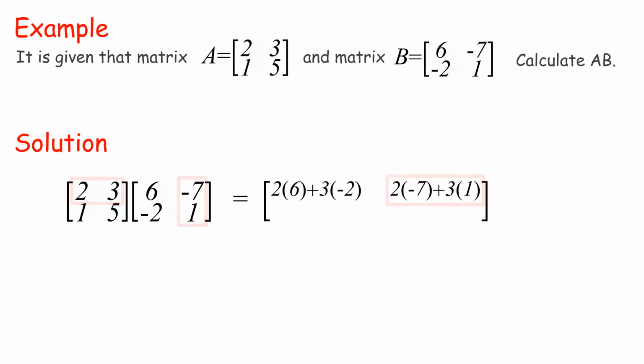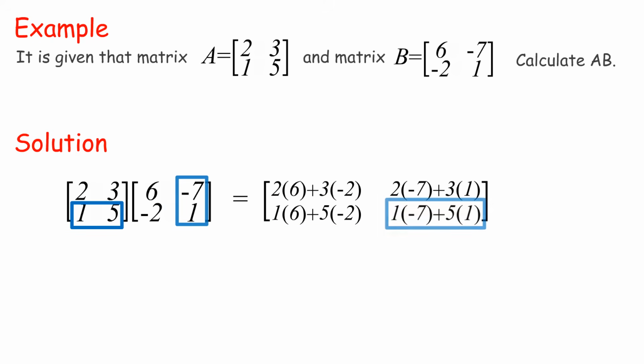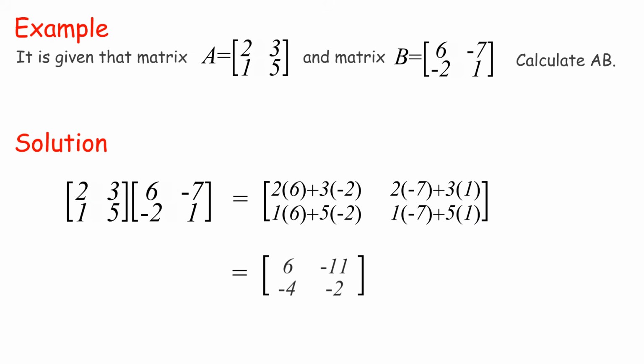The second row multiplied by the first column, 1 times 6, plus 5 times -2. The second row multiplied by the second column, 1 times -7, plus 5 times 1. Equals 6, -11, -4, and -2.